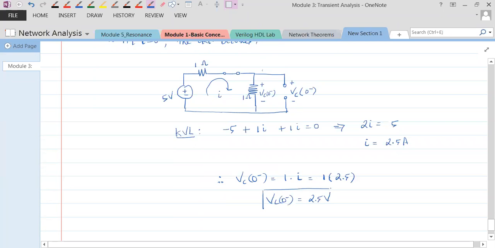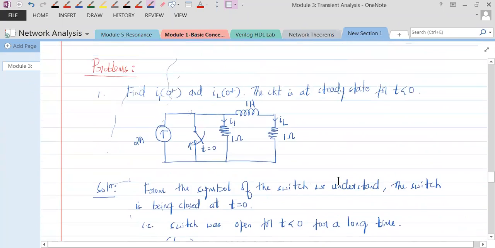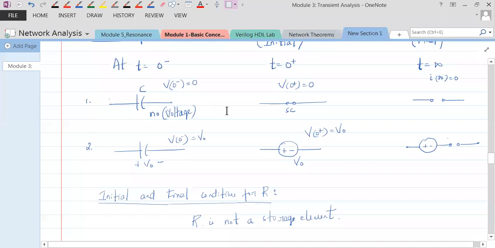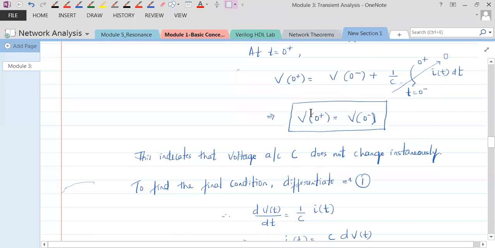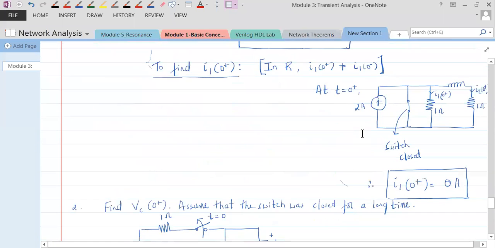What is that we have understood for a capacitor? For a capacitor, what is true? The voltage across the capacitor will not change instantaneously, is what we have seen yesterday. That's why if you know V of 0 minus across the capacitor, V of 0 plus is also equal to V of 0 minus. Okay, so you should say that here.